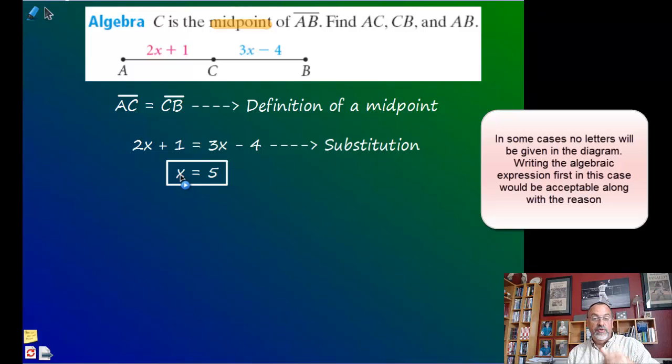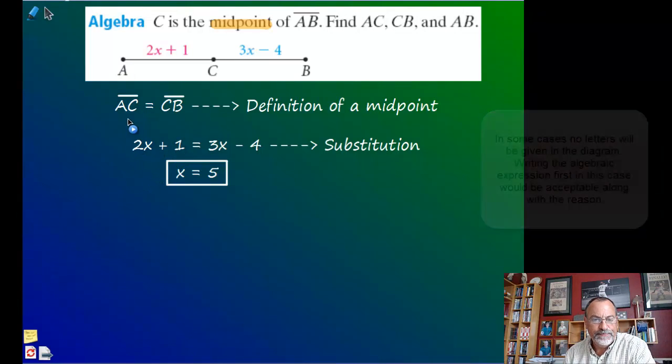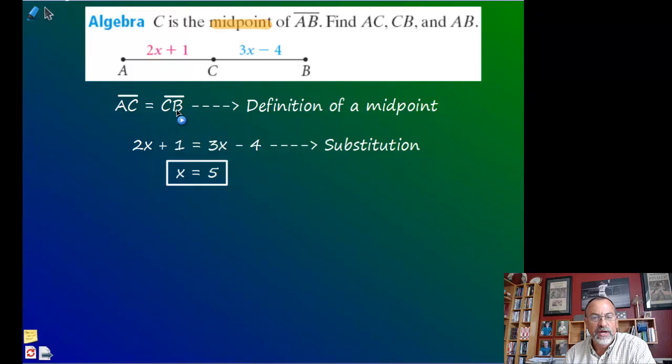Now the nice thing about doing this is being able to check my work. There's no reason to get this wrong. What did we say at the beginning? That AC and CB are equal. So knowing that 5 is the value of x, if I put 5 back in for x here, and 5 back in for x here, I should get the same thing because I started off by saying these are equal.